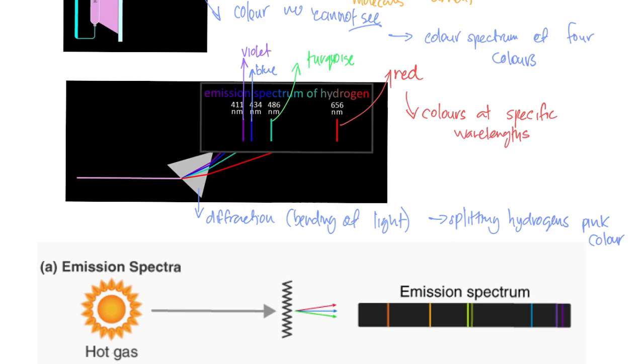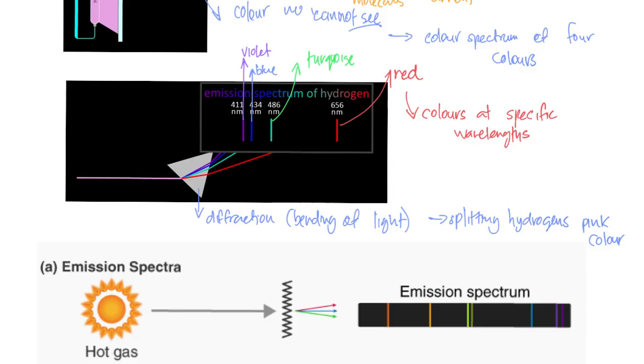Essentially what's happening now is we've got ourselves an emission spectrum. You can see that for hydrogen, I've only got these 4 colors that are going to come out at the end of the day. So this is what we call the emission spectrum.